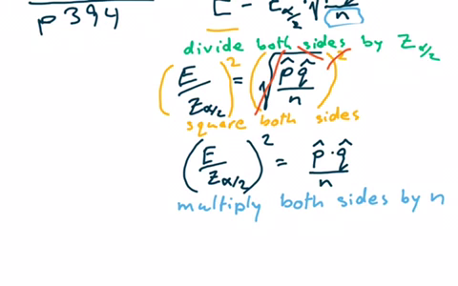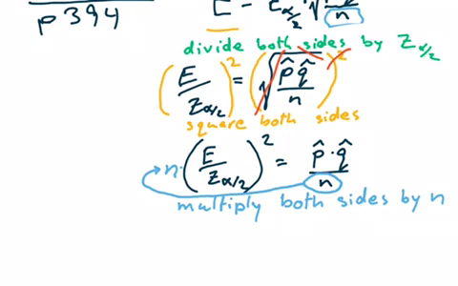Okay, at first I thought about switching the left-hand side and the right-hand side, but then I realized, oh look, I'm solving for n and it's in the denominator, so we'll multiply both sides by n, and what that will end up doing is bringing it up and over here.